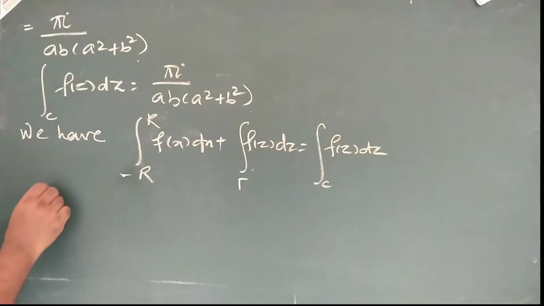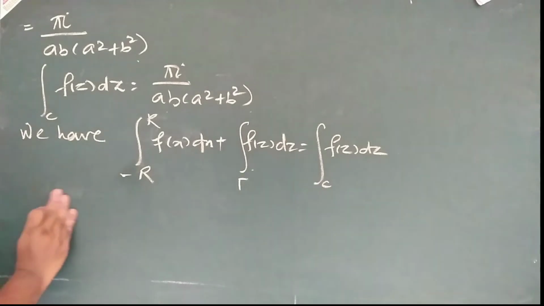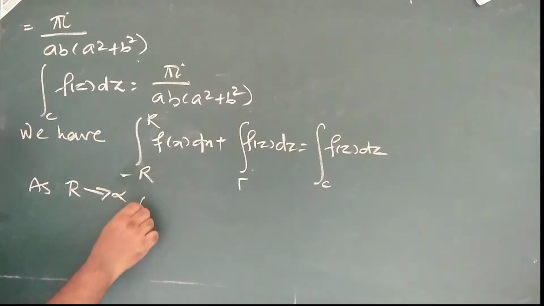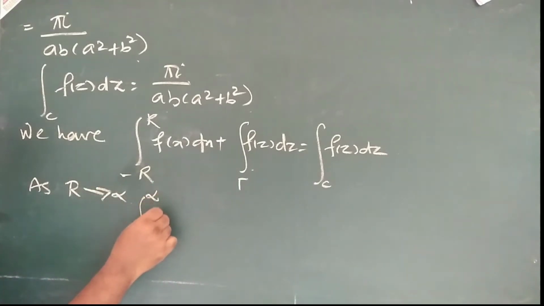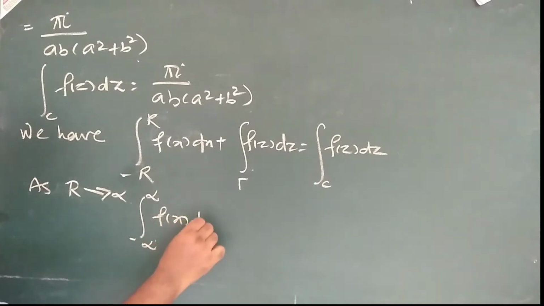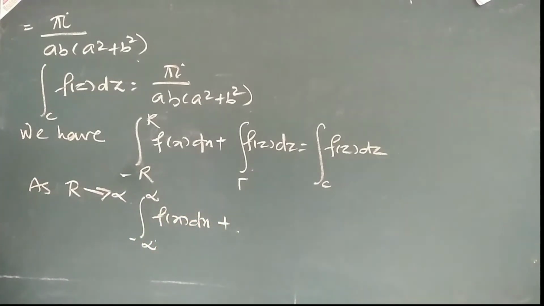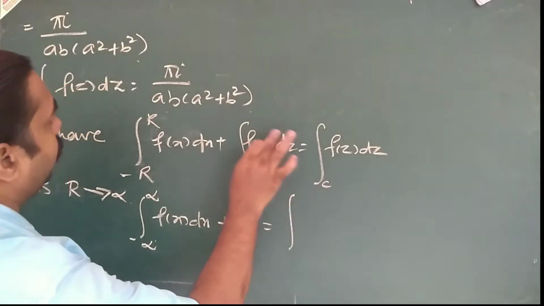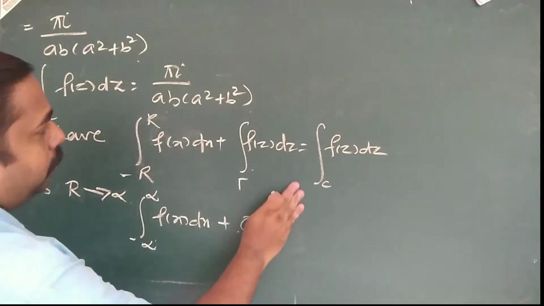So that is, as r tends to infinity, integral from minus infinity to infinity f of x dx plus, by Cauchy's lemma, this value is equal to 0.